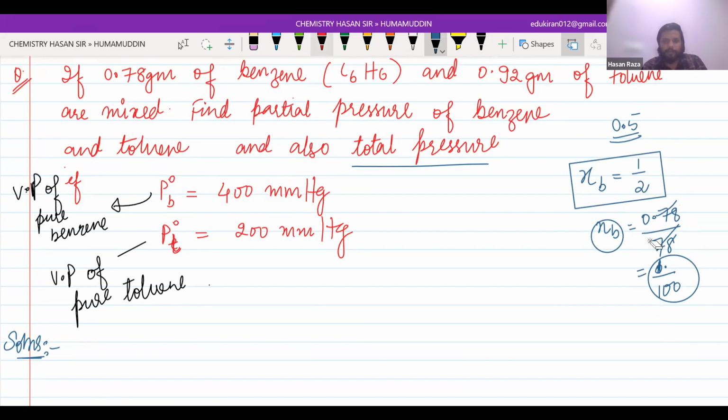No, no. Wait a minute. What you have got, number of moles of benzene, will be 0.01. Yes or no? Yes, sir. Just wait a minute.